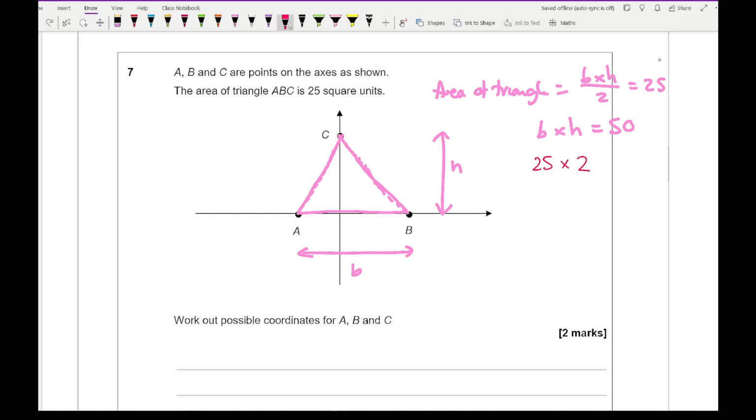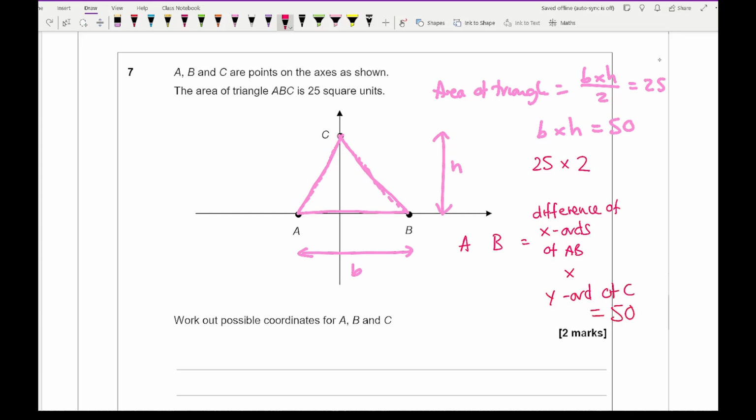From this, what you could do is decide, do I want the height to be 25 or the base to be 25, and it's entirely up to you which one you want to go for. But basically, in terms of A and B, we want the difference in the x ordinates of A and B multiplied by the y ordinate of C to be 50.